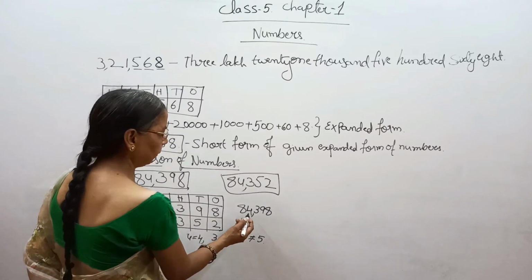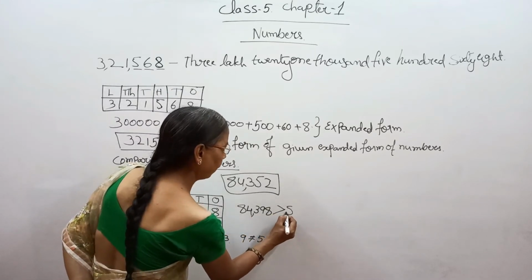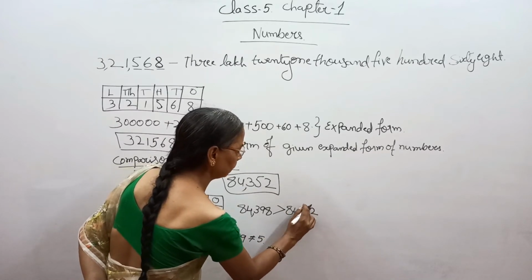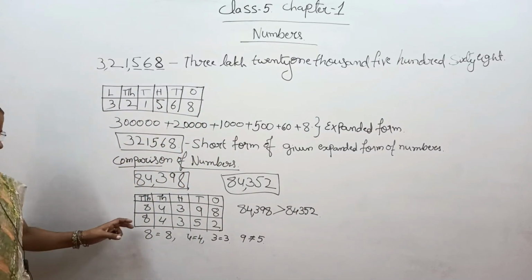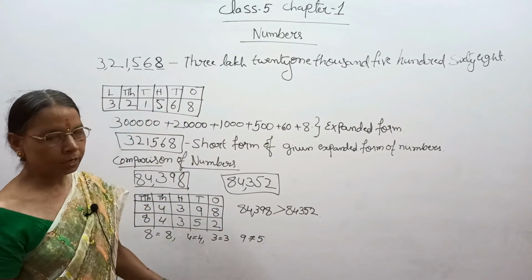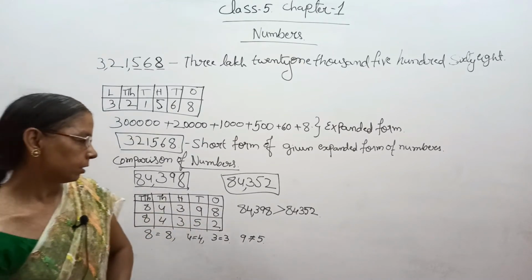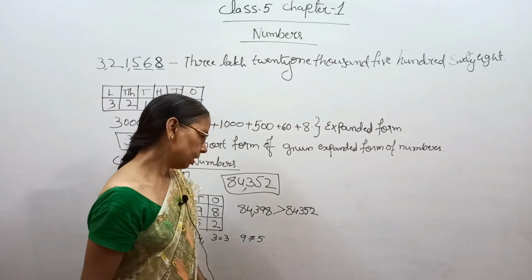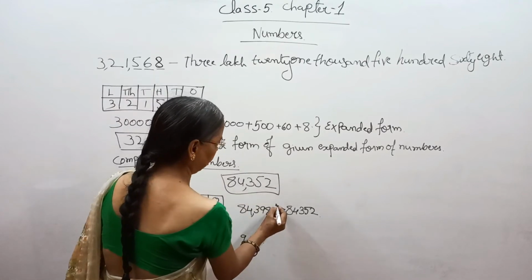Then 84,398 is greater than 84,352. Like this, we can compare the numbers, whatever is given in the exams or in the questions. Simply, without any hesitation, we can understand and solve that sum or problem.